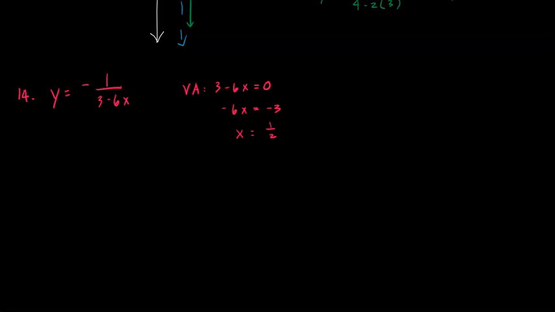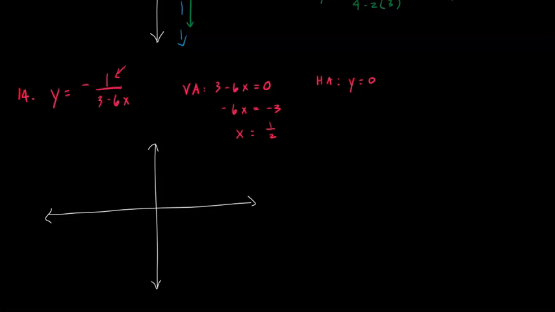And then let's go ahead and find the horizontal asymptote. Once again, we have a constant in the numerator, so that automatically tells me that the horizontal asymptote is going to be y equals 0. Let's go ahead and graph that. As soon as you get your asymptotes, I would jump in and graph it.